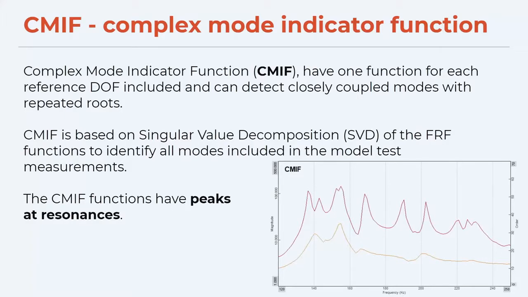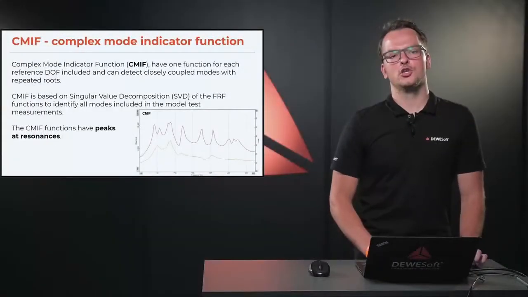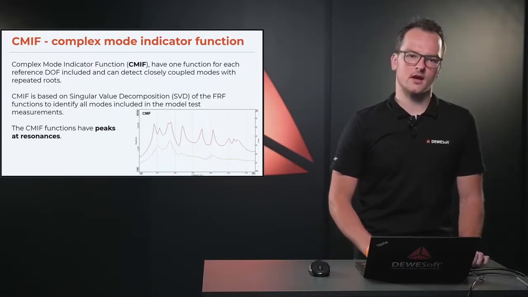It is based on the singular value decomposition, and it is used to identify all the modes that are included in the modal test. So the complex mode indicator function shows us where in the frequency spectrum the resonances are.